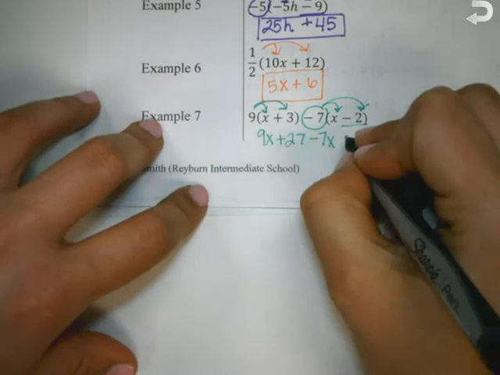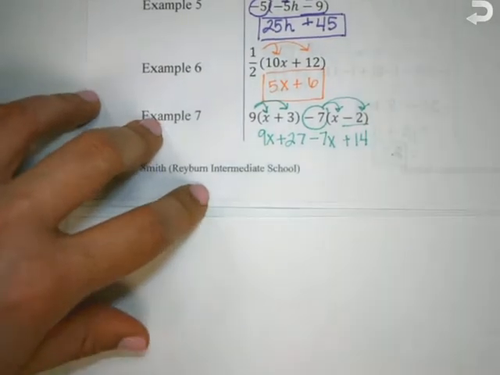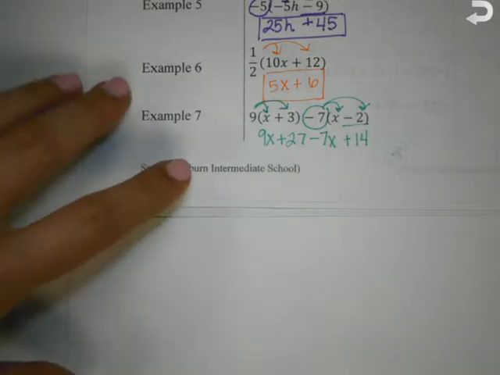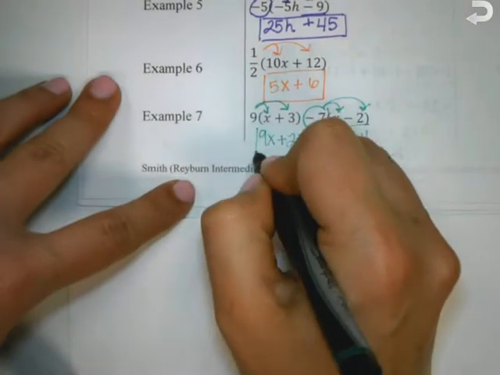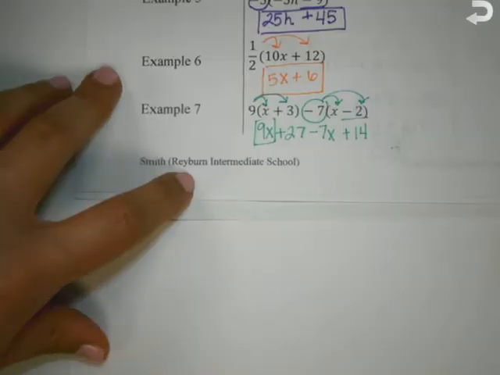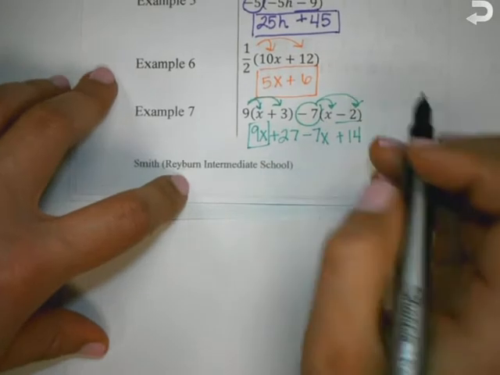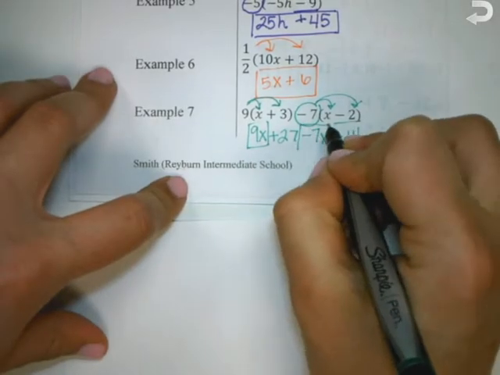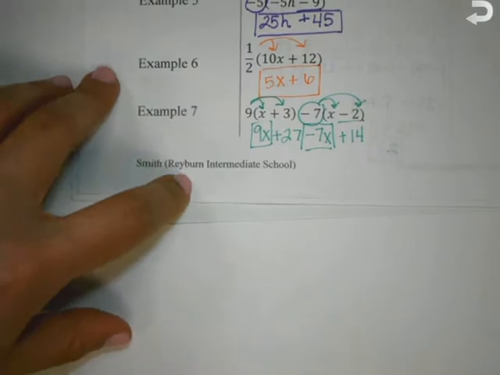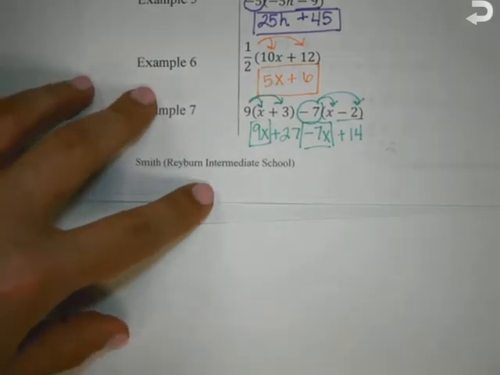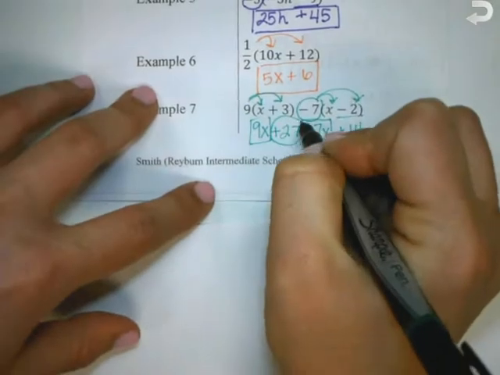No. Bree, how come? We can combine like terms here. I see a 9x. Are there any more x's? Positive or negative? It's a negative 7x. That sign is attached to the number behind it. So box that negative 7x. Any other like terms? Positive 27 and positive 14. So let's combine the box, the squares, and the circles.